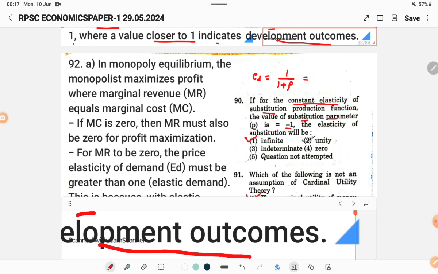If we put the value of rho here, it will be 1 plus -1. So 1 upon 1 minus 1 is equal to 0. So it will be 1 upon 0 is equal to infinite. So the answer will be infinite here. So that's all about today.